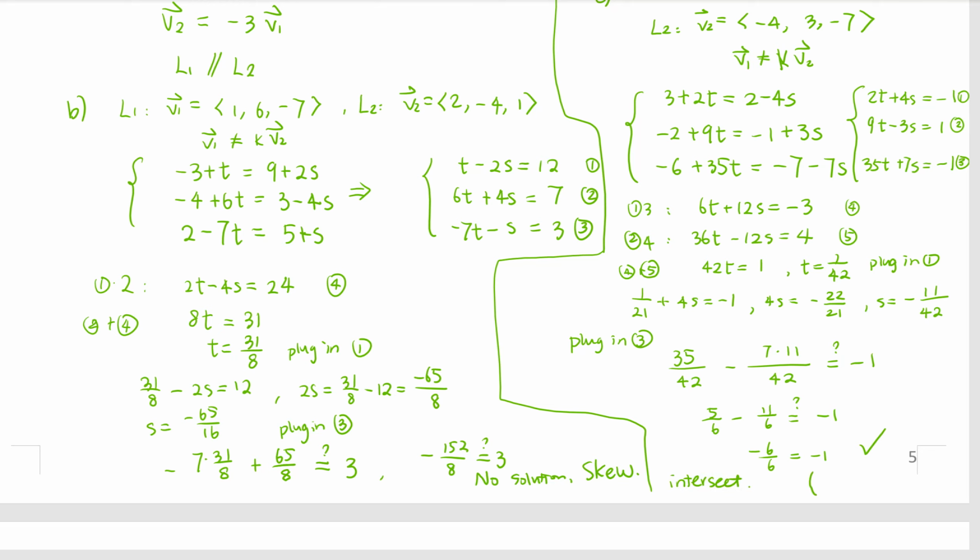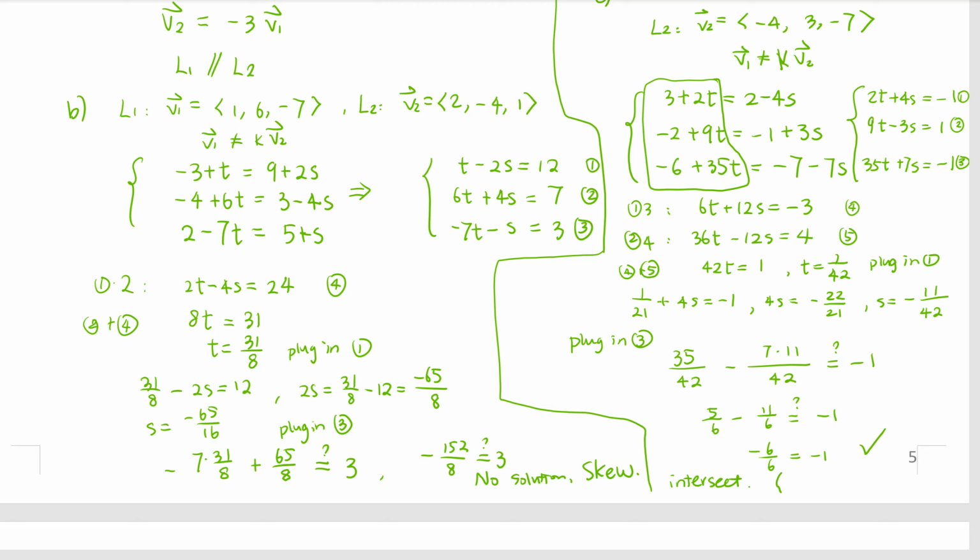And the intersection point is, okay, what is the intersection point? The intersection point is not s and t. You plug in, let's say t is 1 over 42, into the line equations. So x is 3 plus 2t. I don't have enough space here.